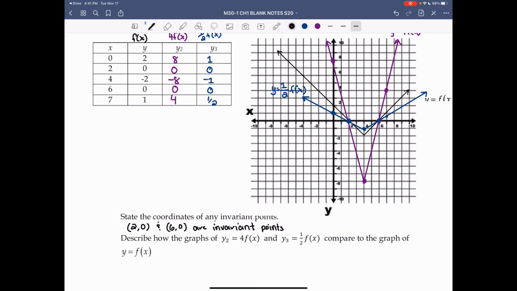What makes them invariant points? They stay the same after transformations.